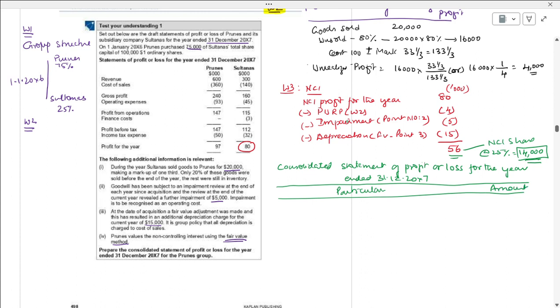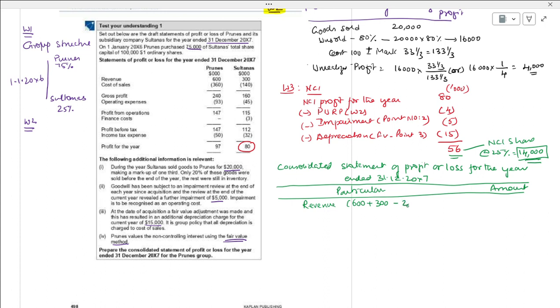Now revenue. Parent is how much? 600 plus 300. Okay, fine. Now, what we have to do, there are unsold goods. During the year, they have sold how much? 20,000.